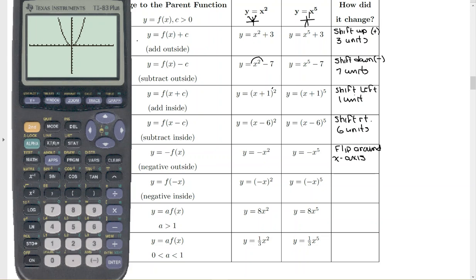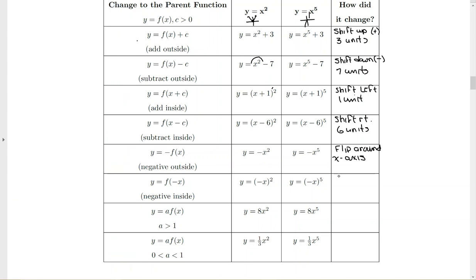Now, if you happen to do this, I can make this one a little bit darker just by coming over here. So now if I graph it again, there's the original, and then there's the reflection about the y-axis.